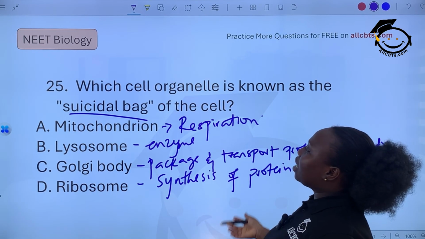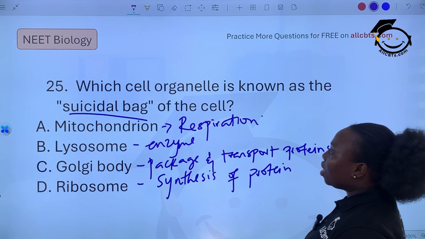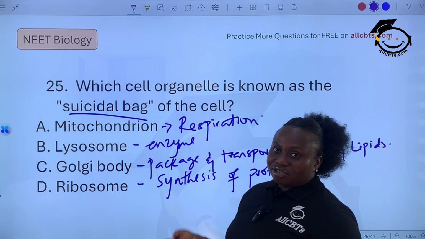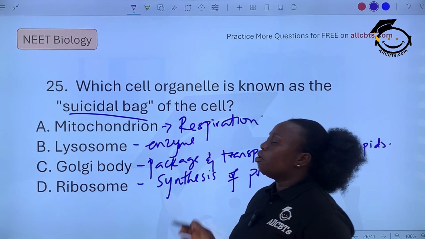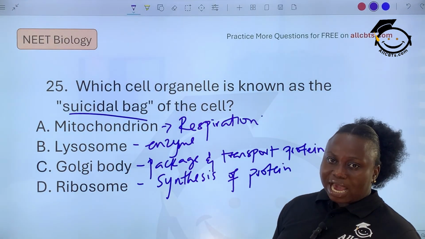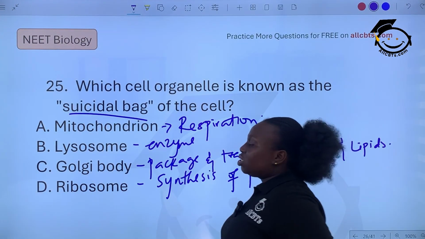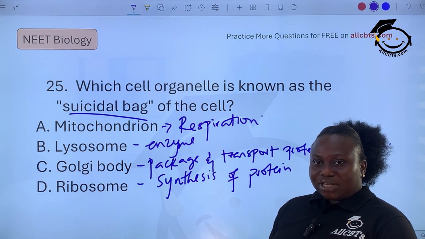Now, they're asking which one is known as the suicidal bag. In the cell, the organelle known as the suicidal bag is the lysosome. Why? Because when a cell in the body dies, the lysosome is the enzyme that will break down that cell.